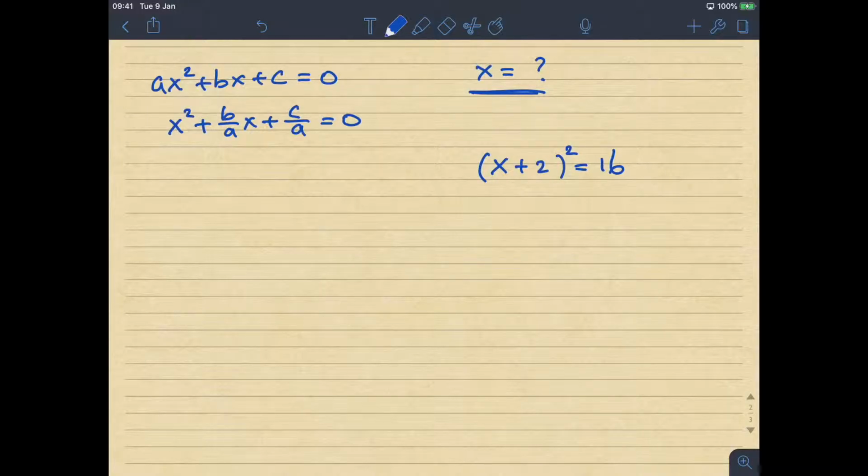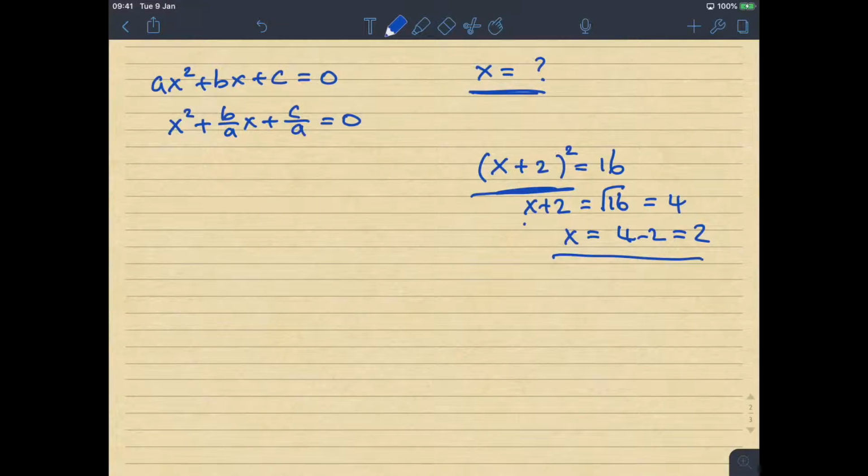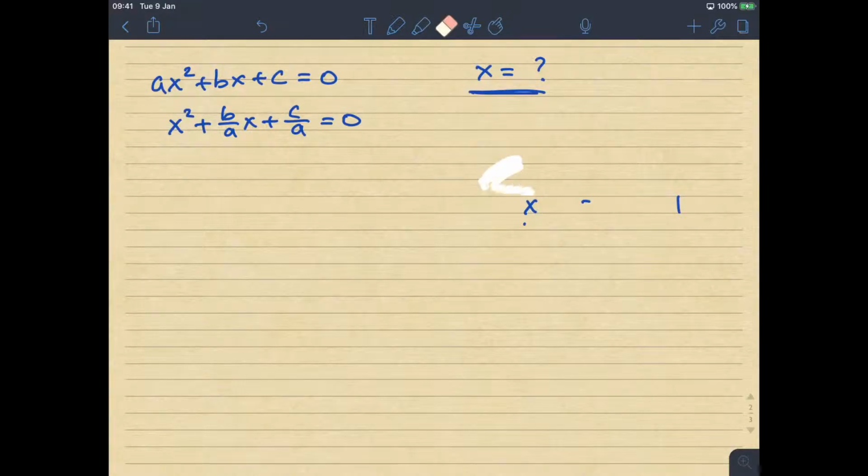You can simply take the square root on both sides, and then you solve for x by moving the 2 to the other side and you get the x. So by completing the square, applying this method here, we can do something similar to get to what we want there. So to do that, let me just quickly rewrite the equation.